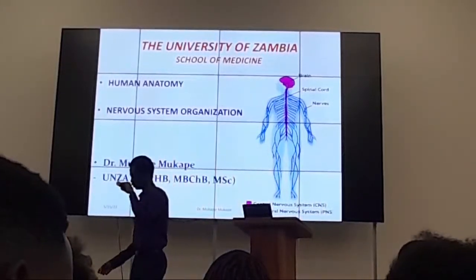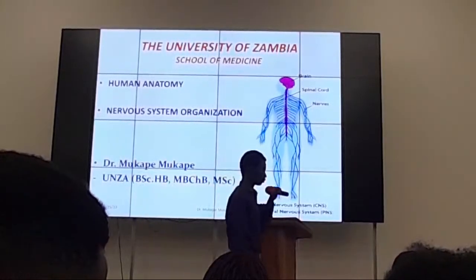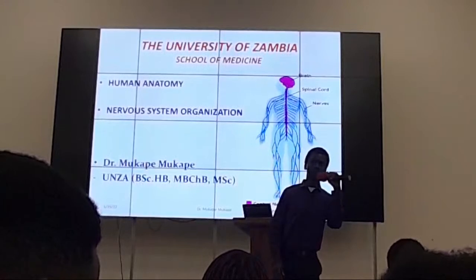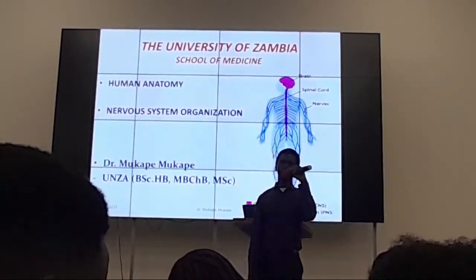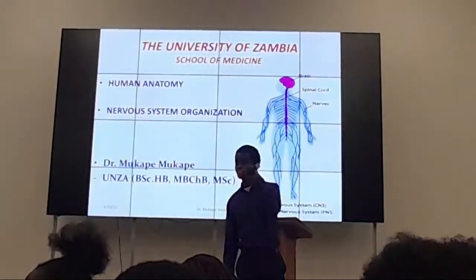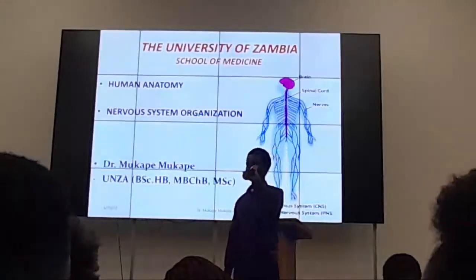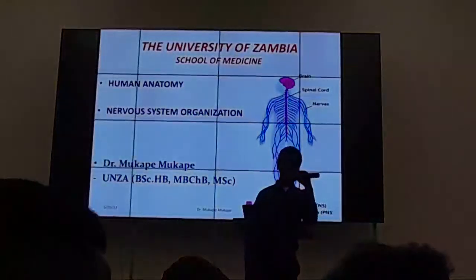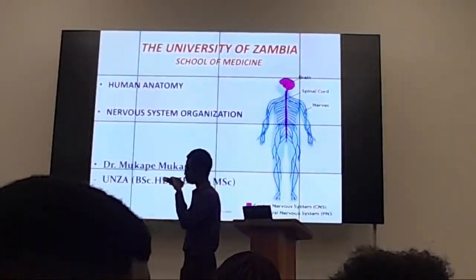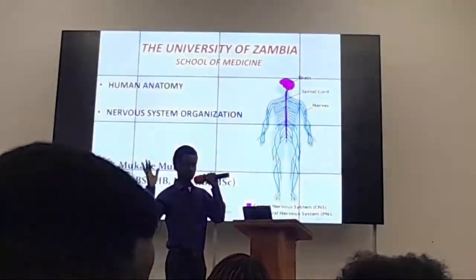Whereas the sympathetic is what? Thoracolumbar outflow. Meaning which segments? Thorax, T1 to L2.